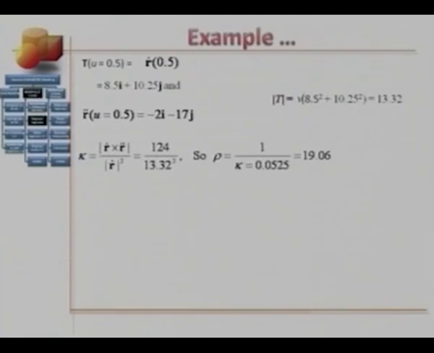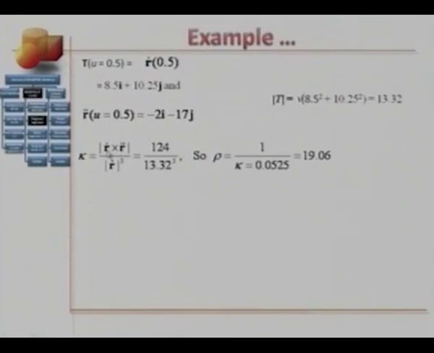Now, for the curvature at a point kappa, from coordinate geometry, we would know that kappa is given by mod of r dot crossed with r double dot over mod of r dot the whole cube. We know what r dot is. We also know what r double dot is.